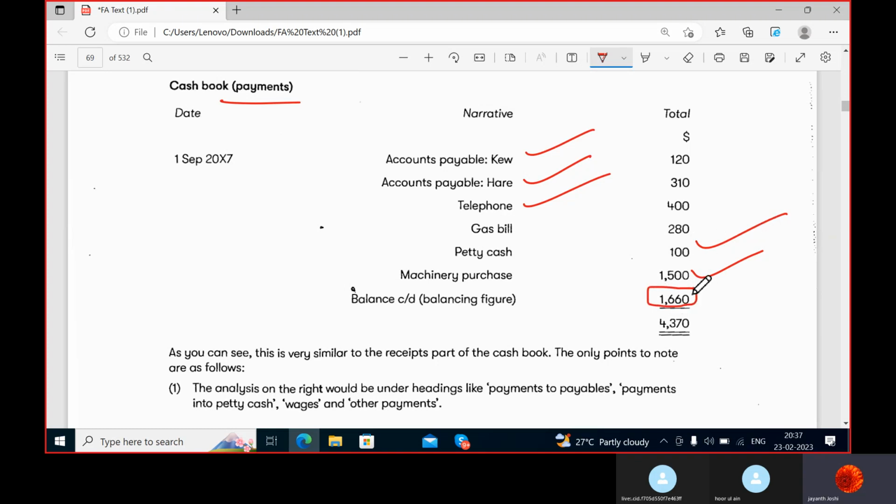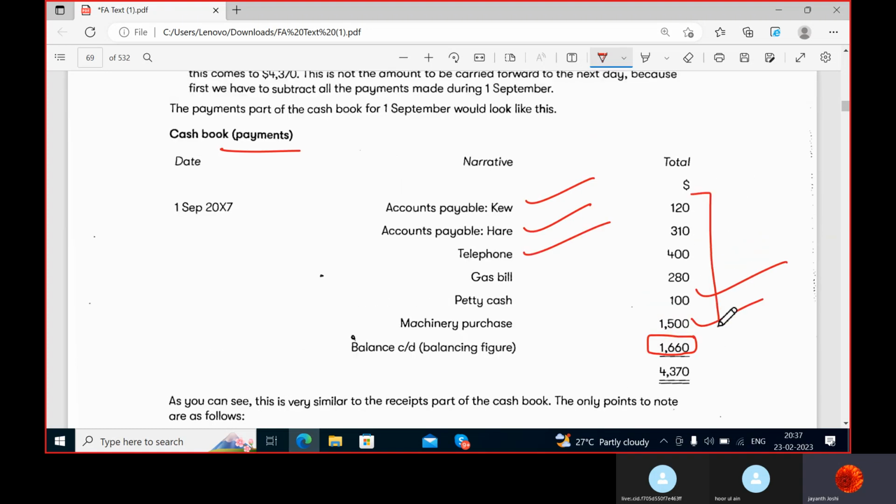What is the meaning of this balancing figure? Let's understand. What you need to do is total this. Just total these 5 figures and tell me how much it is. So it is 2710.